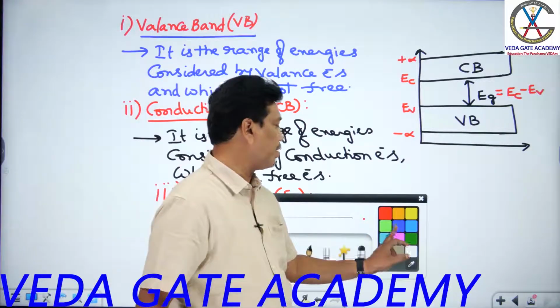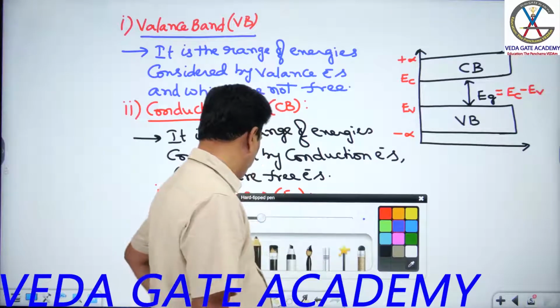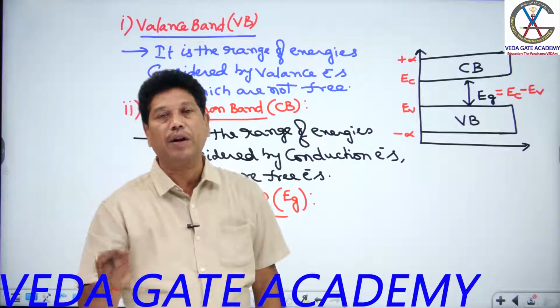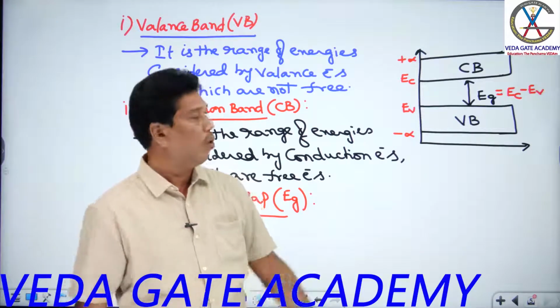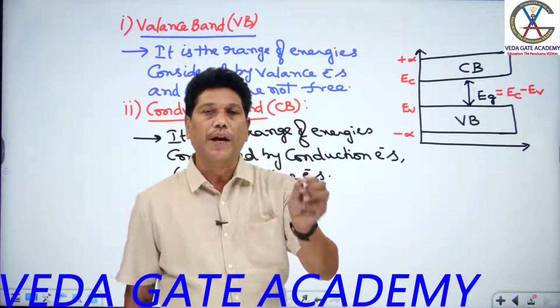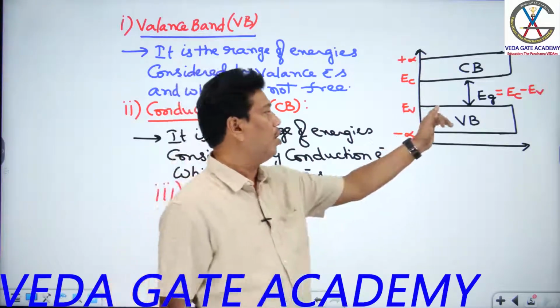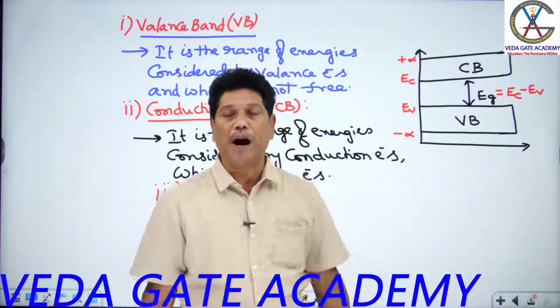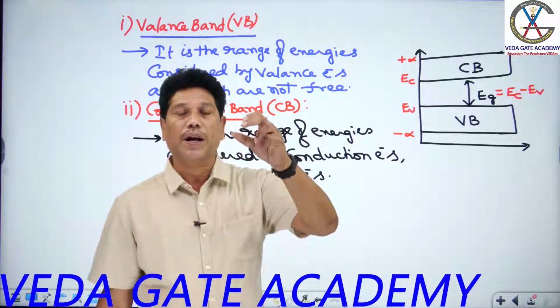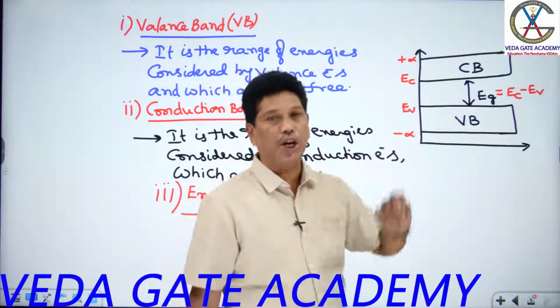Energy gap is the energy difference between the valence and conduction bands. What does this energy gap indicate, sir? It indicates the minimum energy required by an electron to move from the valence to the conduction band. On jumping from valence to conduction band, the required energy is defined by the energy gap.